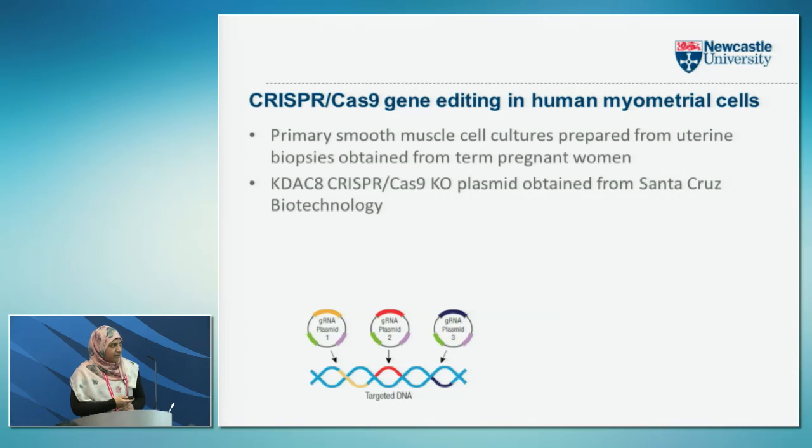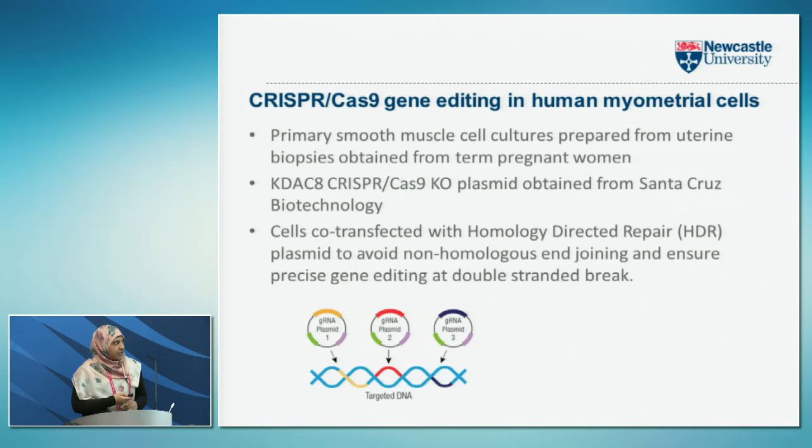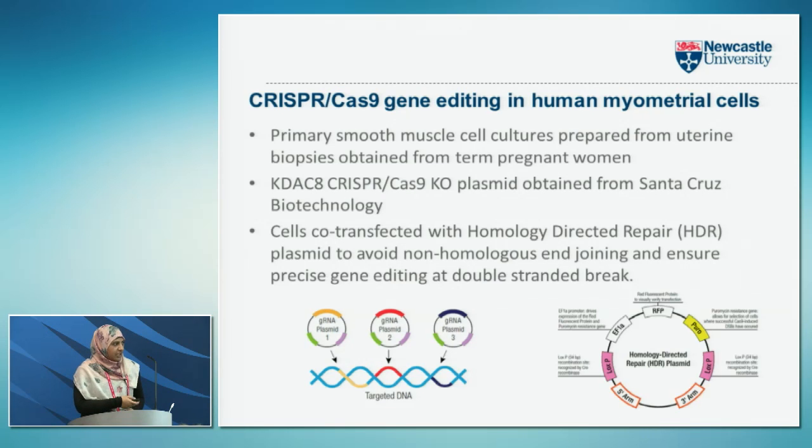GFP for visual verification. These cells were co-transfected with an HDR plasmid to avoid non-homologous end joining and ensure precise gene editing at the double-stranded break. And these plasmids consisted of an RFP reporter gene and a puromycin-resistant gene for selection.